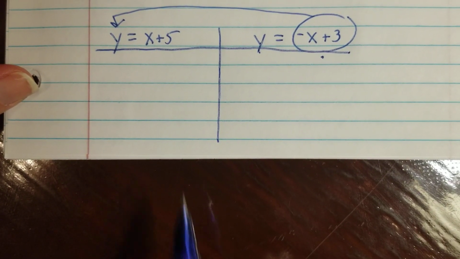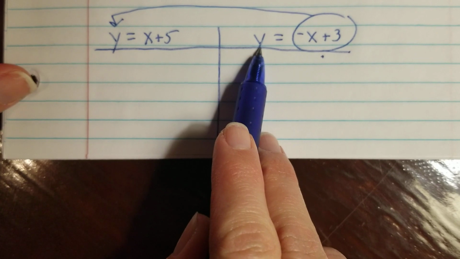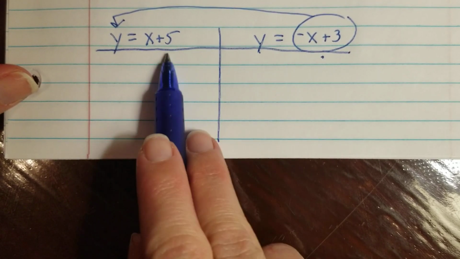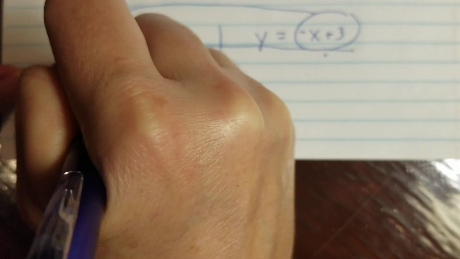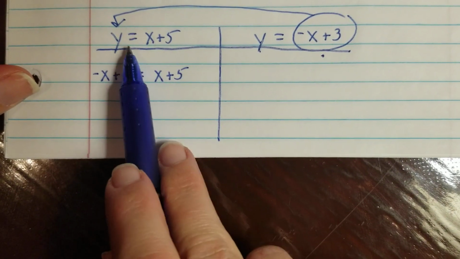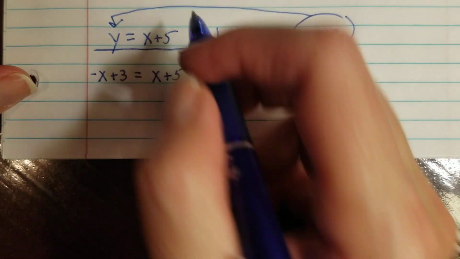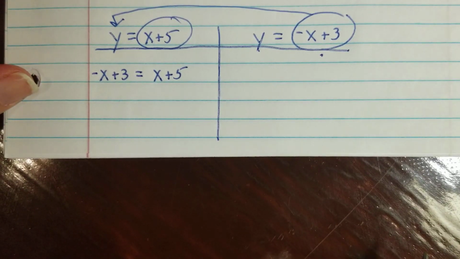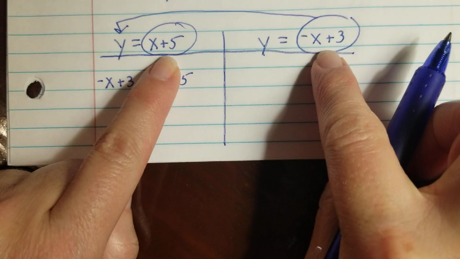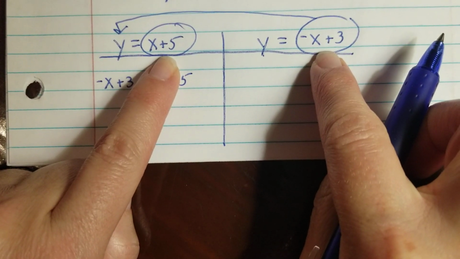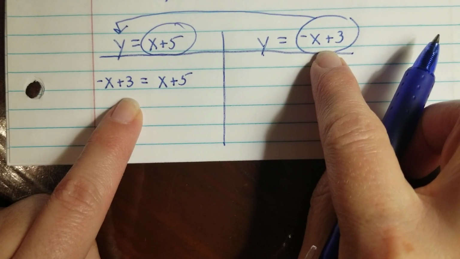Basically, what I'm doing is I'm going to drop the y's and set these expressions equal to each other. So negative x plus 3 equals x plus 5. Again, when they're both in slope-intercept form, I'm just taking these expressions, x plus 5 and negative x plus 3, and setting them equal to each other.